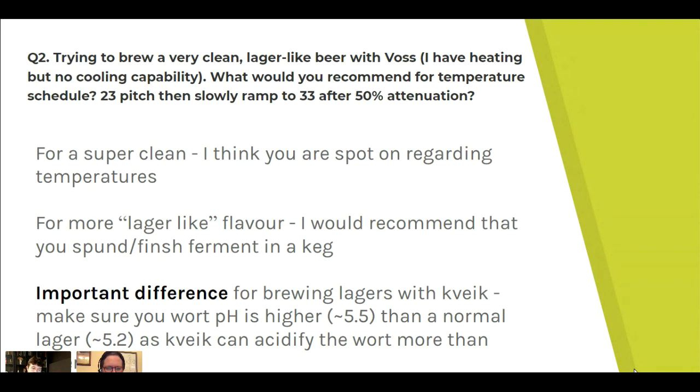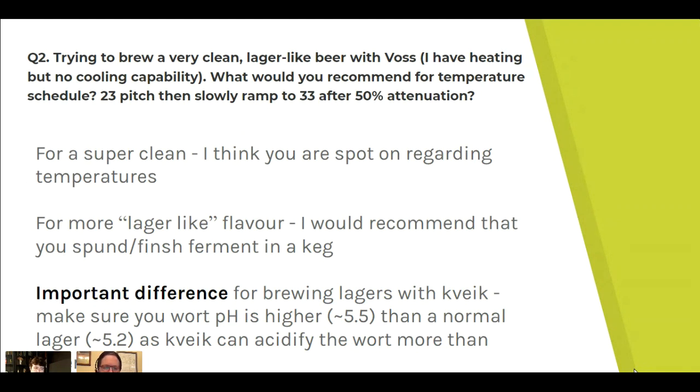The reason this is important is that one of the things that makes lagers nice, light, and crisp is that they are slightly more acidic. The pH is usually lower than most other beers. So if I make a lager and I don't pre-acidify my wort to about 5.2, the beer ends up tasting quite flabby.